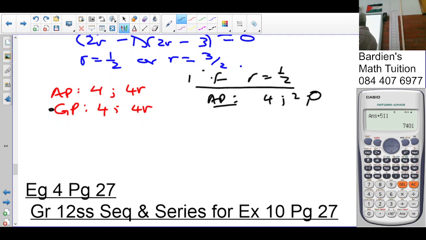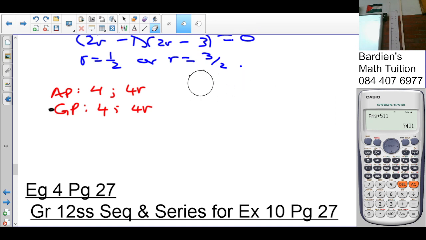Okay, for the GP, as you can see, the computer is messing us around here. Let's just try again. Okay, so if r is equal to a half, that's much better.